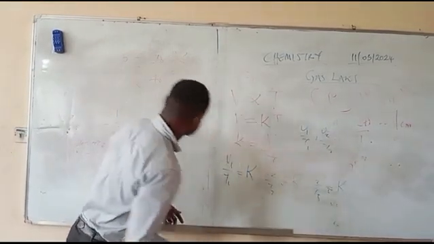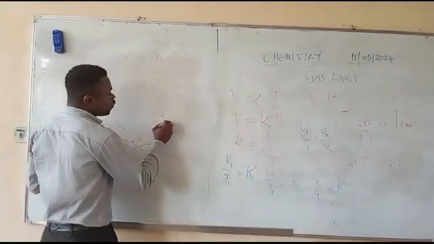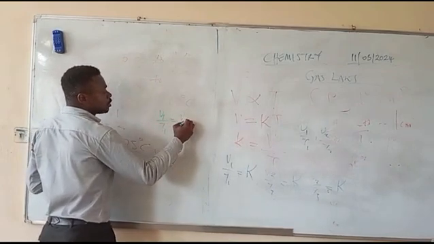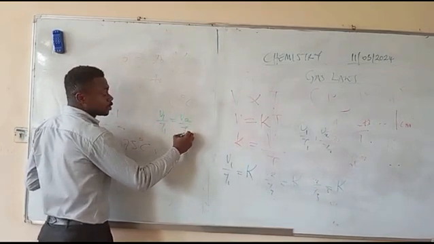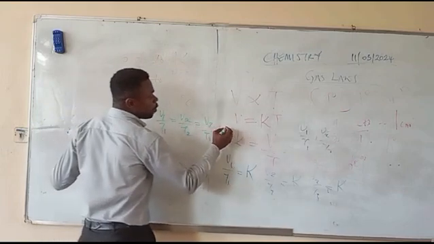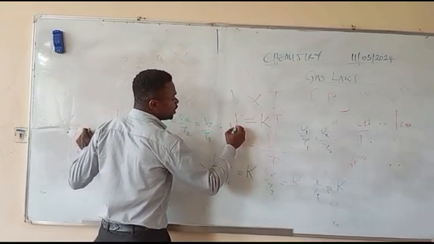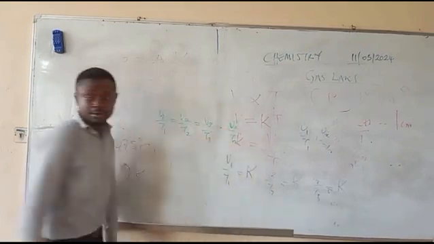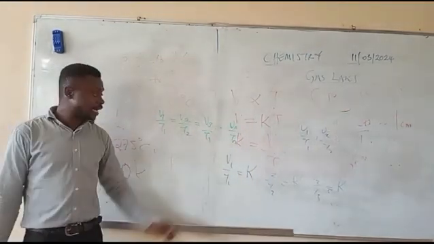What it means is that V1 over T1 is equal to V2 over T2, which is equal to V3 over T3, up to Vn over Tn. Do you not understand this? And this n means any number.